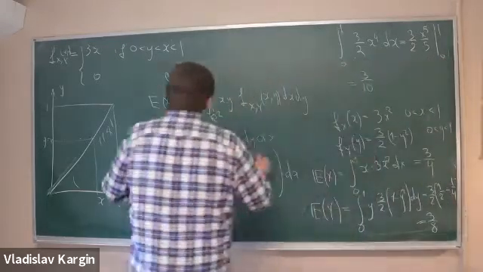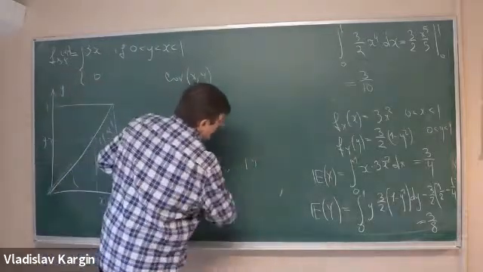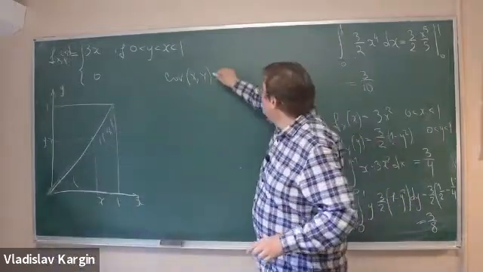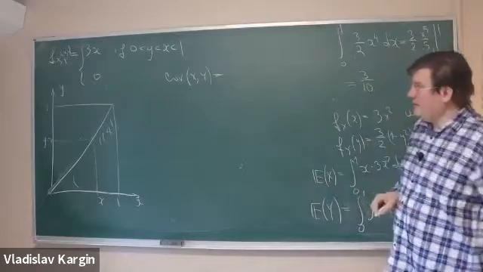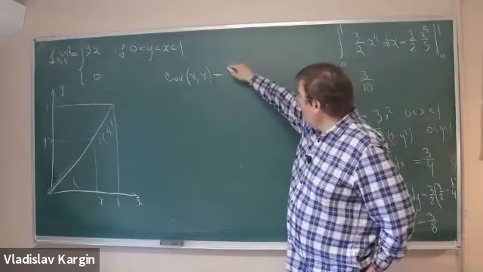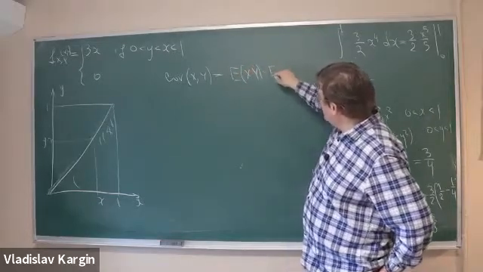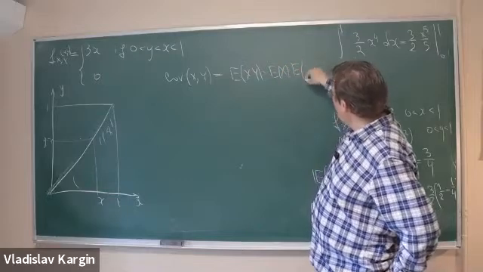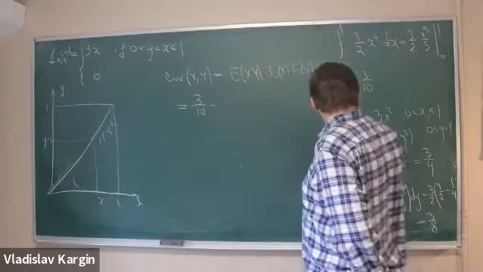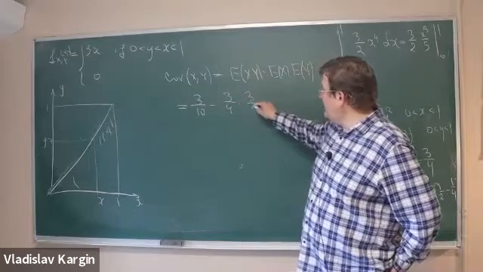And so we can get the result. The covariance of XY is equal to the expectation of XY minus expectation of X times expectation of Y, which is 3/10 minus 3/4 multiplied by 3/8.